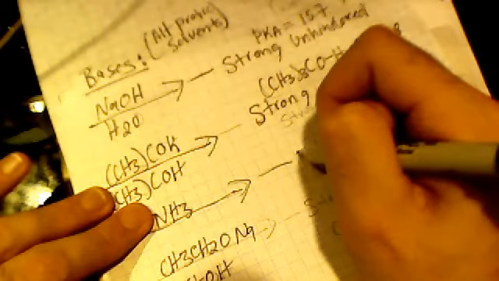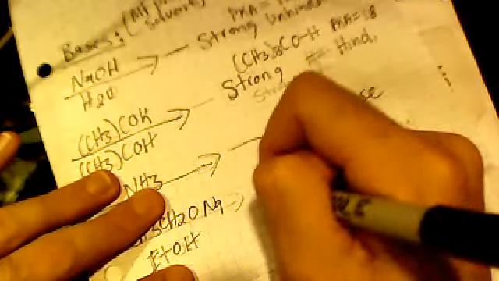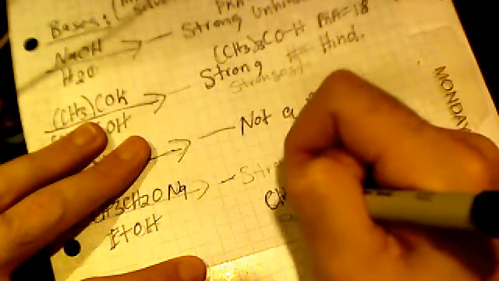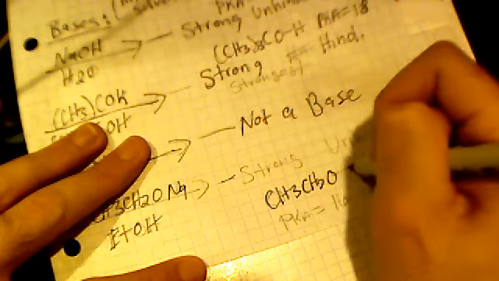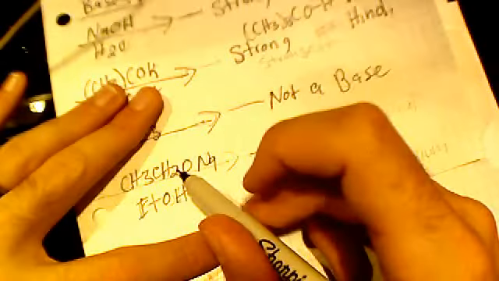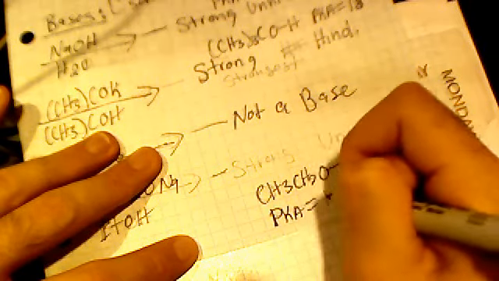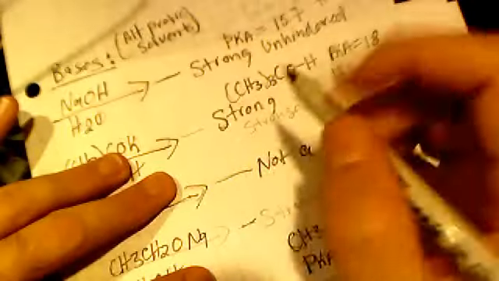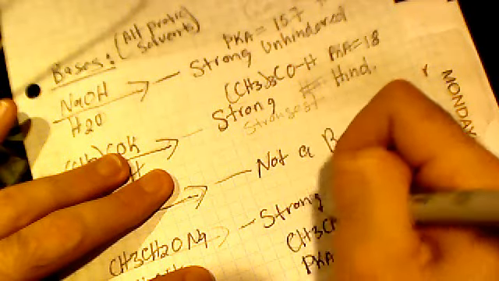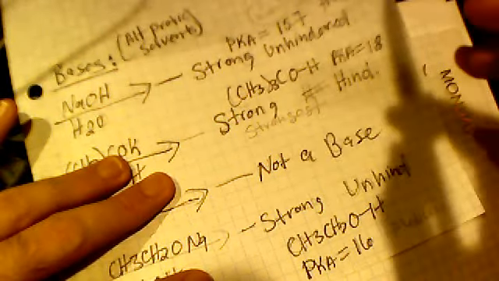All right, we said that ammonia is not a base, so we're not going to be using that. And sodium ethoxide, if we had CH3CH2O, the hydrogen that is attached to the ethanol, before it became ethoxide, has a pKa of 16, and it's a strong, unhindered base.